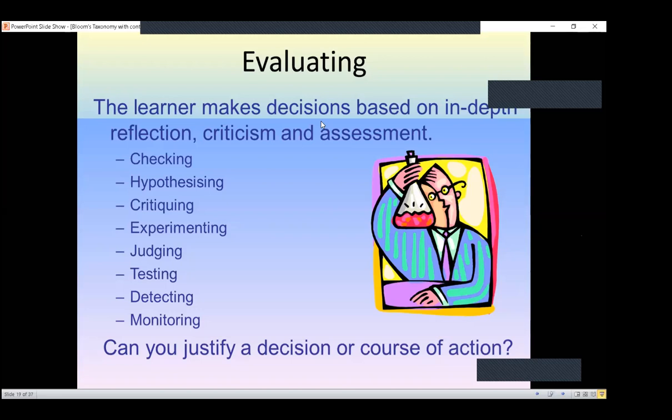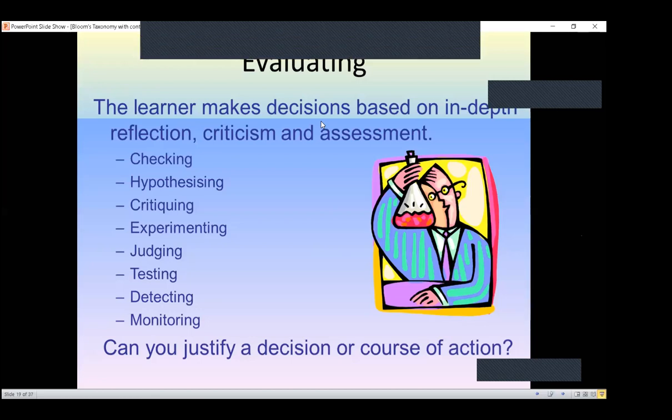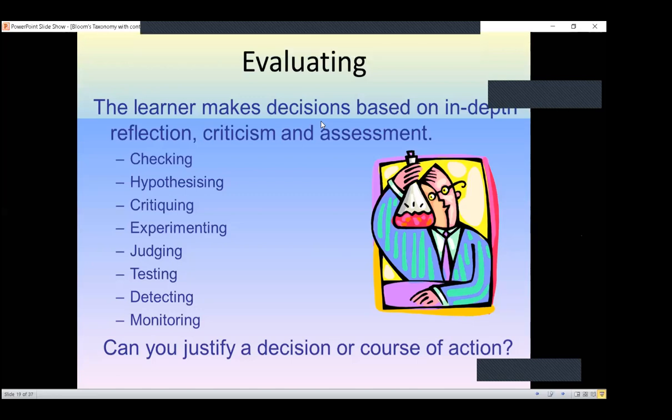So you have to justify your decision. Why you are saying a particular thing is right, or why you are saying that particular thing is not right. So you are experimenting for that. You are monitoring whatever hypothesis you have put forth. So you are testing that hypothesis. This all comes under evaluation.